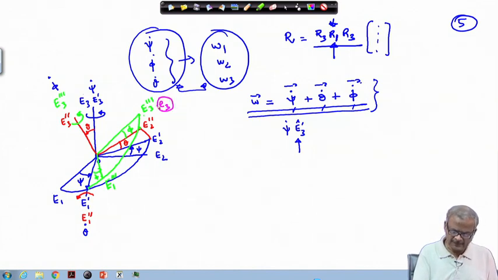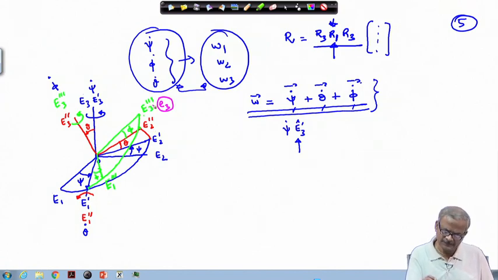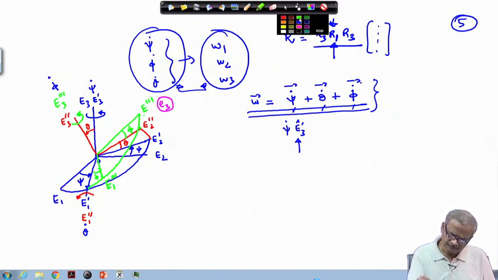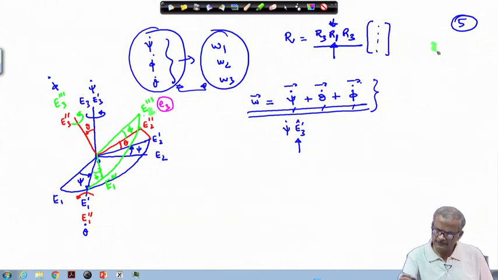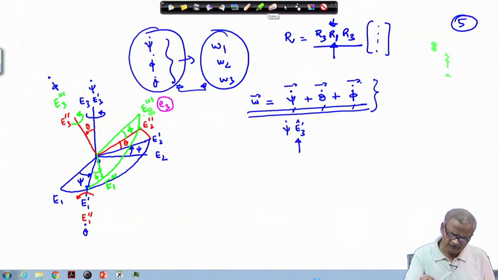So, this is your final body axis. Sorry, this is a correction here: this is E2 triple prime, and here it is E3 triple prime.